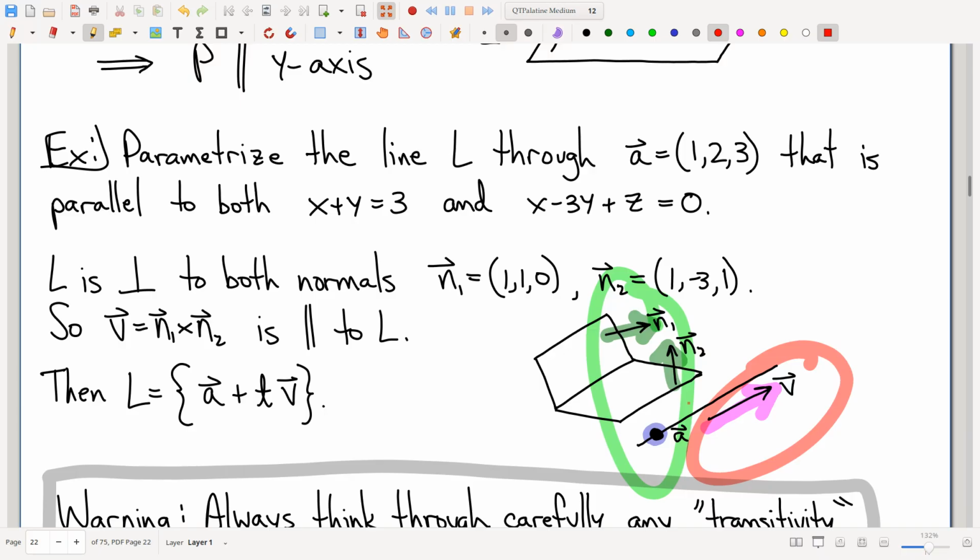We don't have that many tools, right? And so hopefully no surprise that I have a couple of vectors and I want to find another vector. Well, let's see. These vectors are perpendicular to those planes. Those planes are parallel to this line. That line is parallel to this vector, knee bone connected to the leg bone, connected to the hip bone.